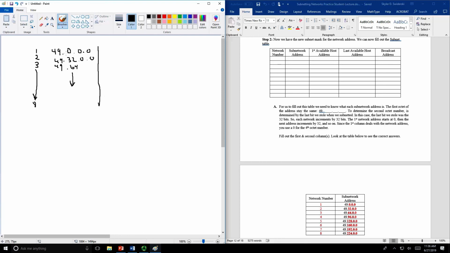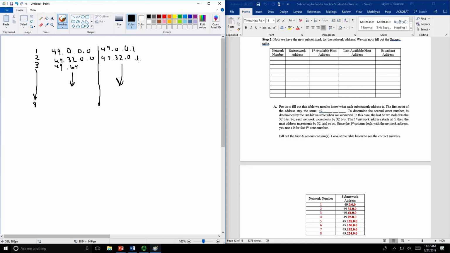For the first available host, in this case it would be on the very last quadrant, so 49.0.0.1. The next one would be 49.32.0.1, and so on accordingly.